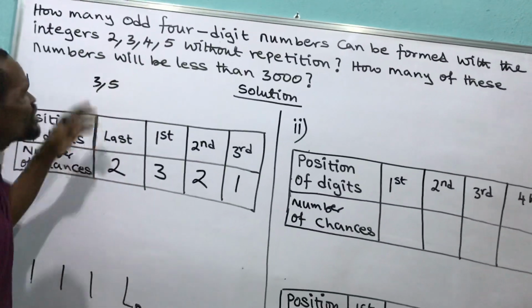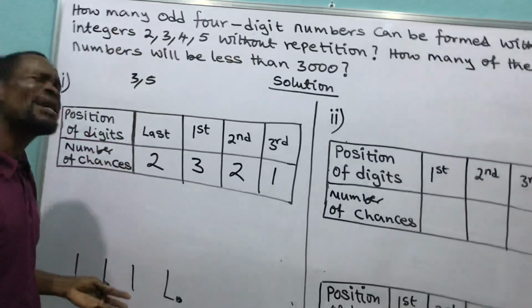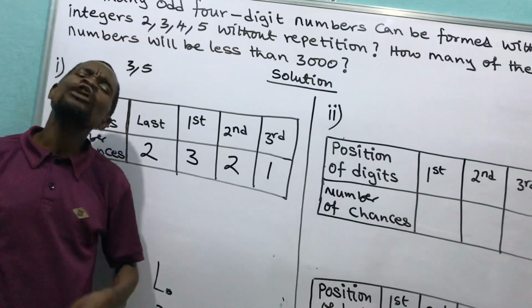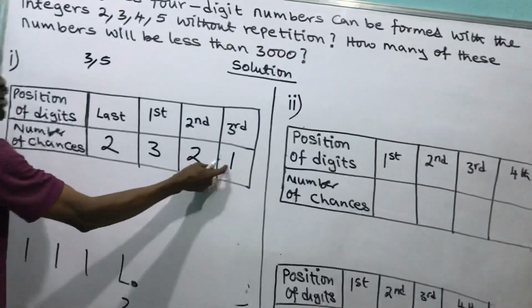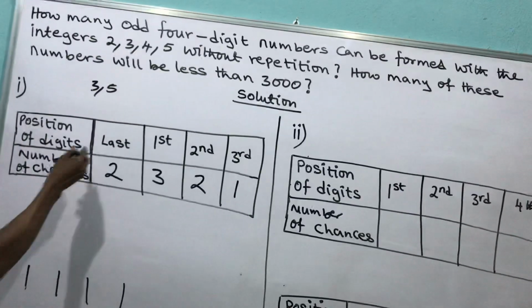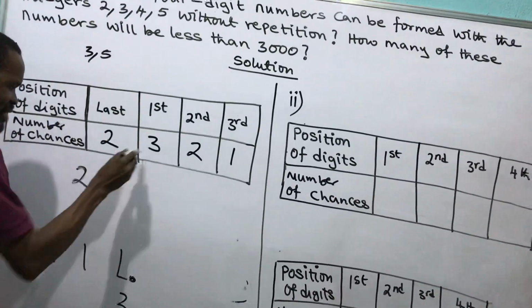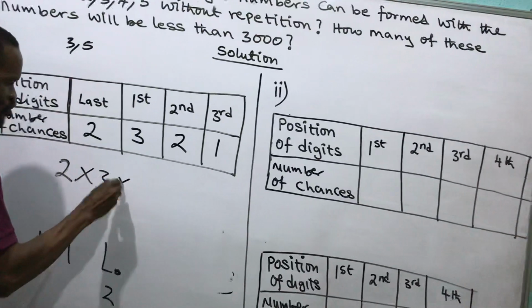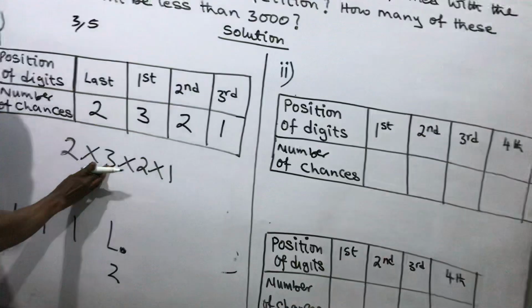Then after I have taken the second digit, what will remain is only 1 digit. That 1 digit can be selected in only 1 way in the third digit. So how many ways am I doing this? It will now be 2, which is this 2, times 3, times 2 again, times 1. So 2 times 3 will give me 6, times what?